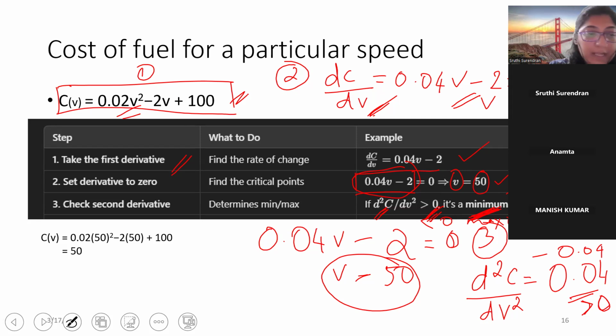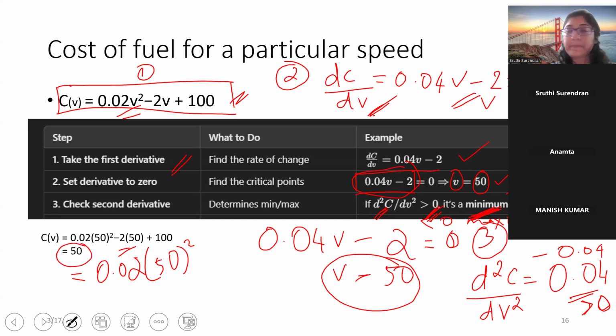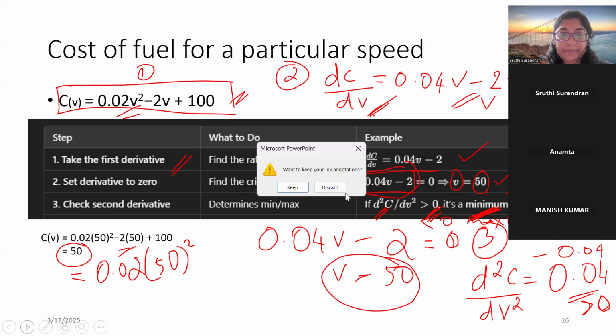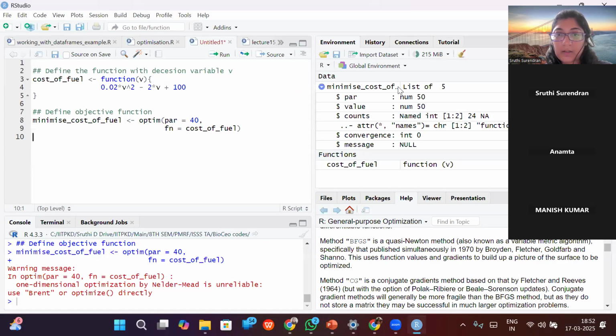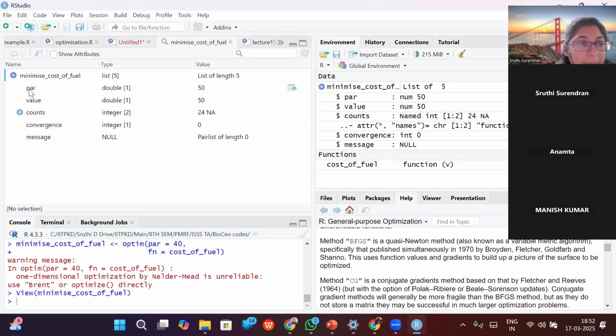Now we got 50. If we apply this in this equation, 0.02 into 50 squared, basically this equation minus 2 into 50, it gives us this value 50. So that is how this optimizer got all these values. If you can see, the parameter value V, the critical point, is 50, and the cost of the fuel is 50.